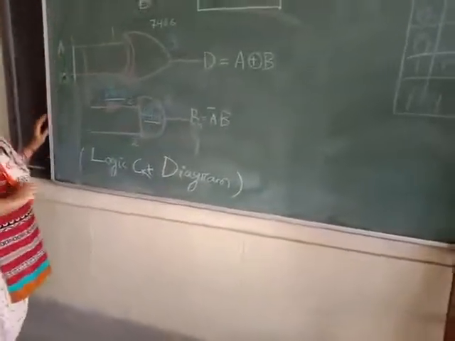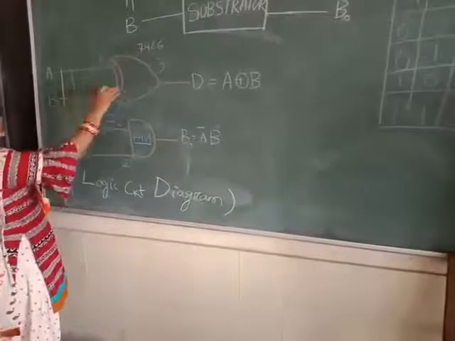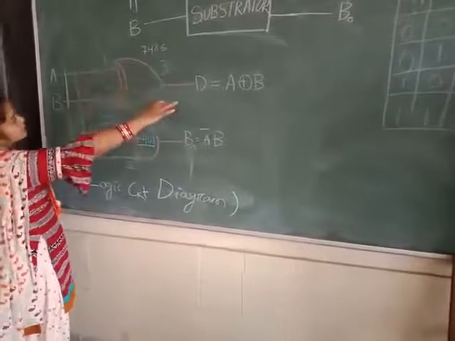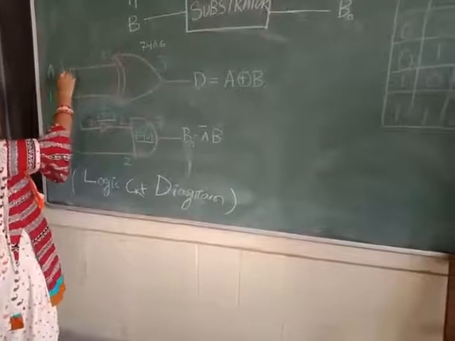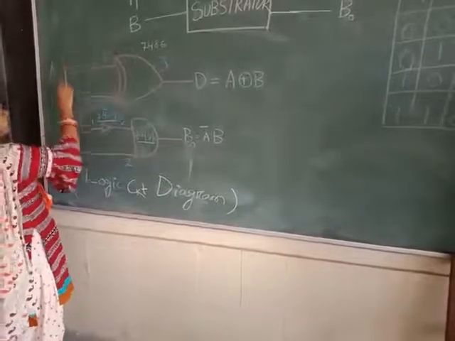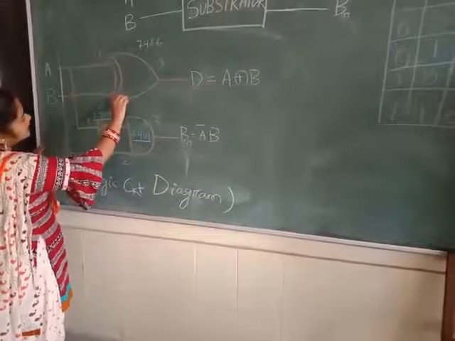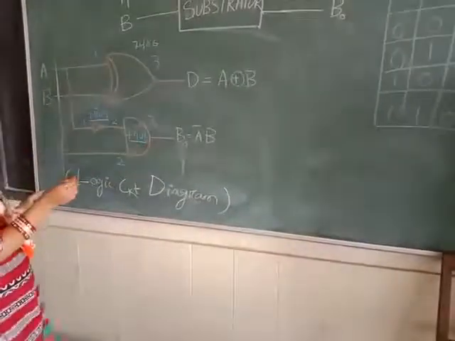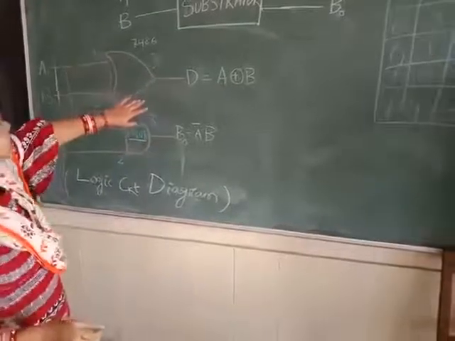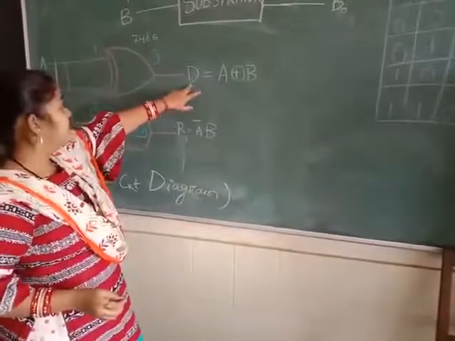So here you can see for the differentiator, we take two inputs A and B to the XOR gate, to XOR gate D.